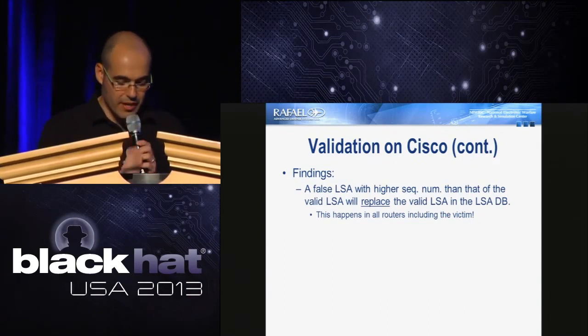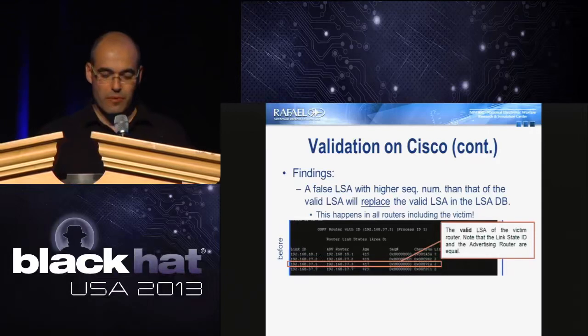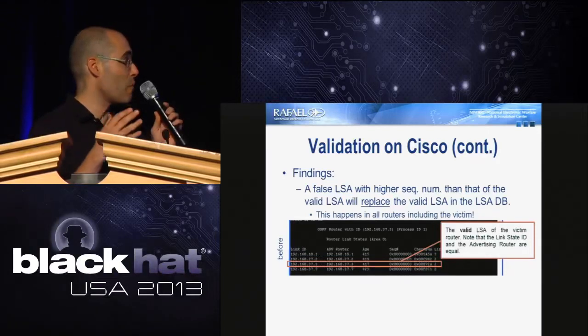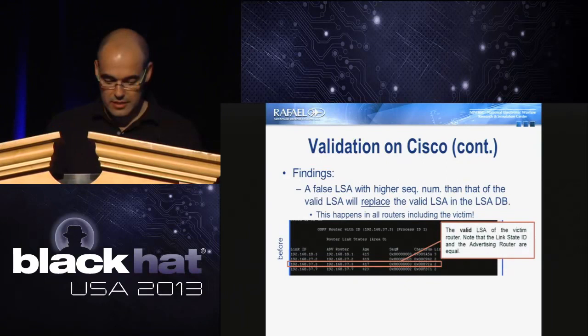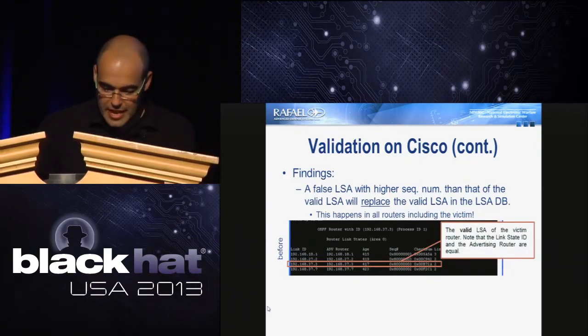Here's a snapshot of an LSA database from our experiments. So here you can see the LSA database of the victim router. The ID is 37.3, and here you can see the valid LSA, which has a link state ID of 37.3 and an advertising router of 37.3, as it should.